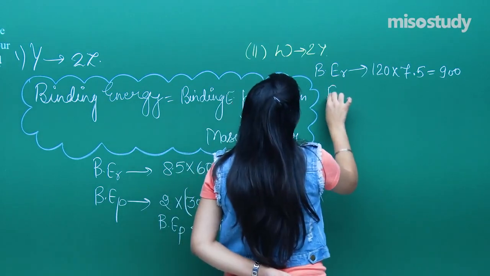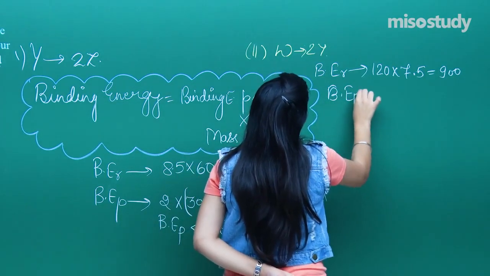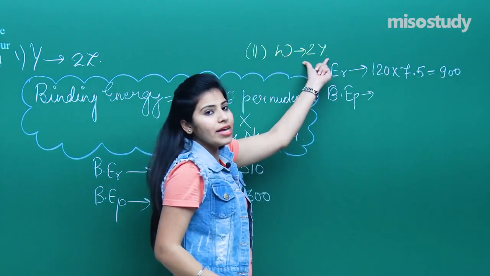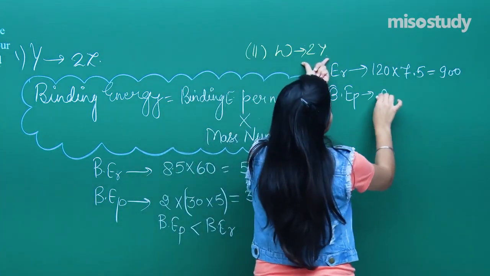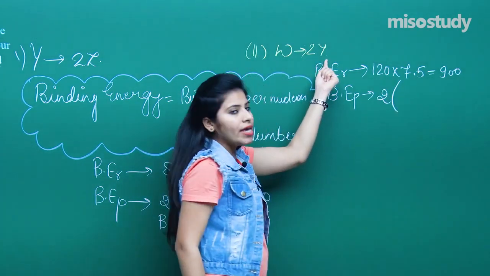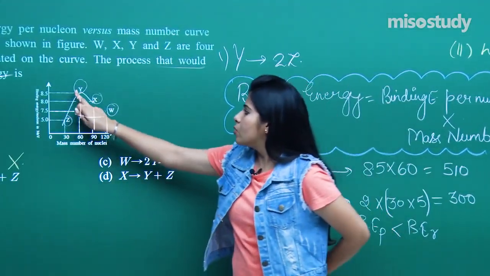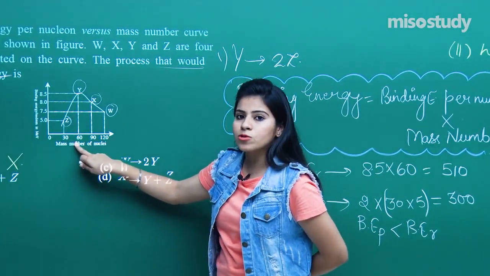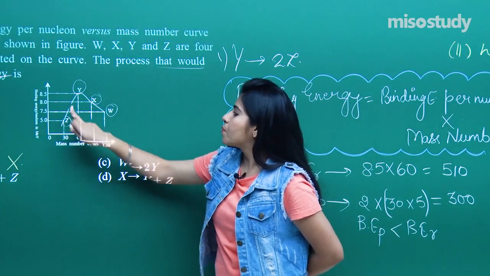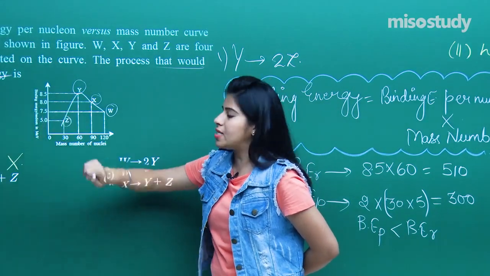Now let me just find out what will be the binding energy of product. So the binding energy of product which is 2Y. For the Y, we have to go back to the graph. You can see here Y is having corresponding mass number as 60 and the binding energy per nucleon as 8.5.